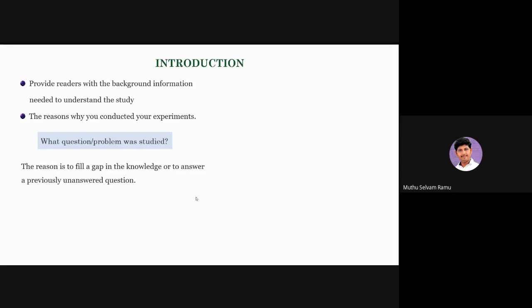So you have to give brief information about the background of the study and the reason why you conducted your experiment. That should be mentioned in the introduction: what is the question, and what is the problem you need to focus on?